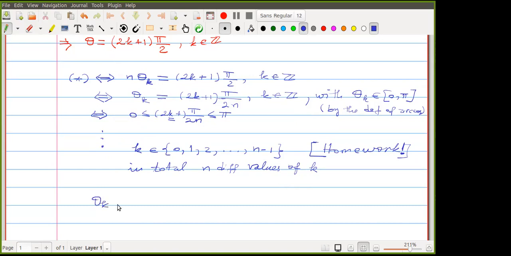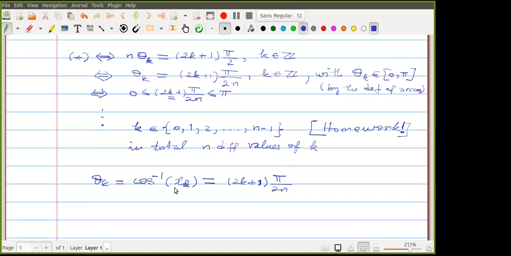Theta_k is cosine inverse x_k. So this cosine inverse of x is equal to that expression, that is 2k plus 1 into pi by 2n.